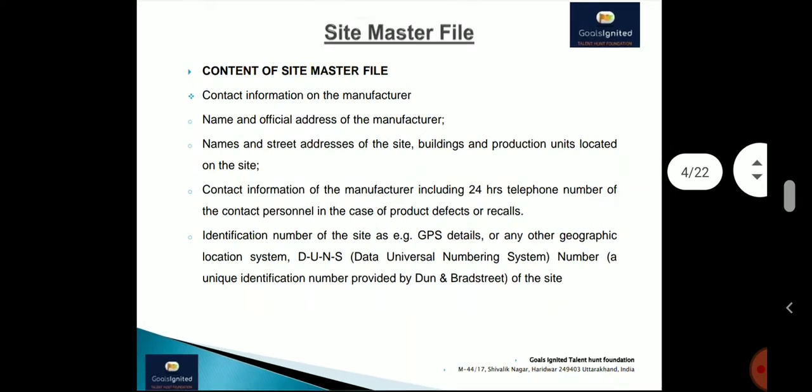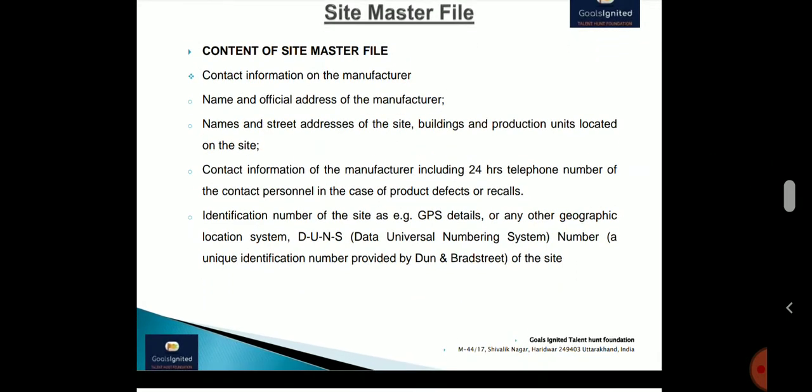The content of the site master file: contact information of the manufacturer, the name and official address of the manufacturer, the name and street address, the complete site information, and the DUNS, Data Universal Numbering System, because it is basically GPS information.